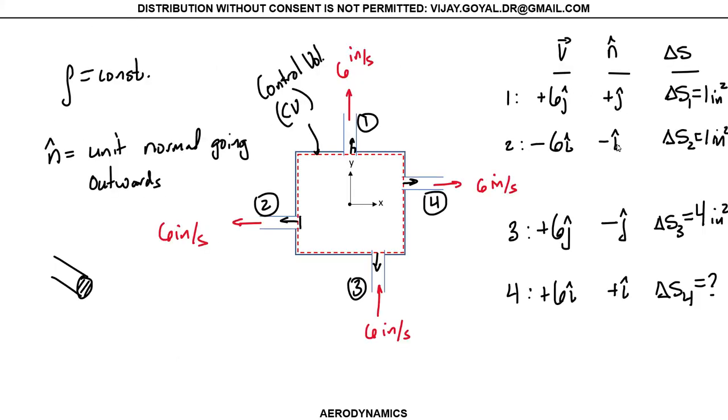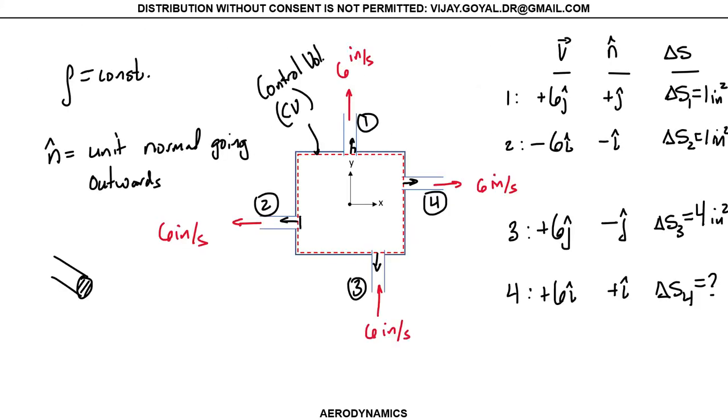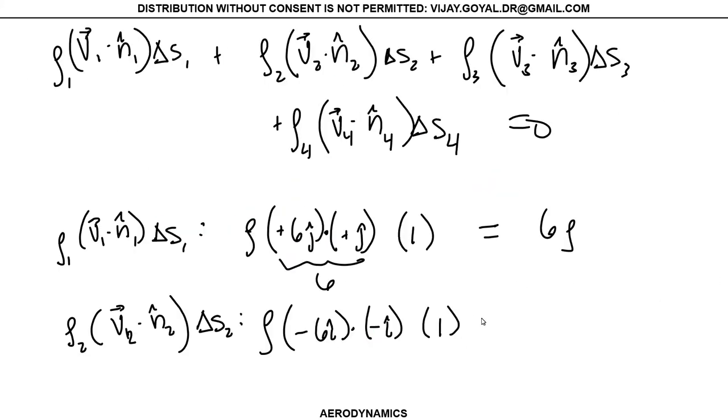This is minus I. So you can see that it's very important that you get that table right. Okay, and the area is 1. If you don't get that area 1, then you're going to be in big trouble. And this dot product gives you plus 6. So this gives you 6 times rho.